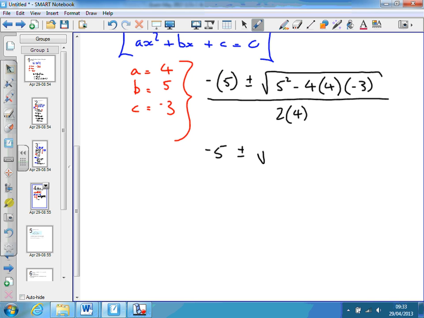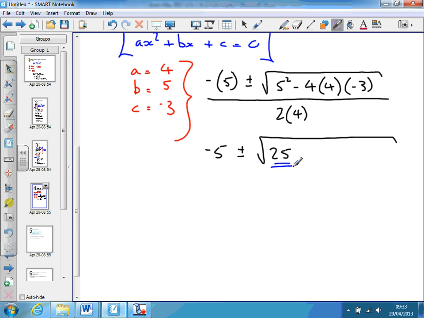Square root of b squared, which is 25. If b had been negative, you can slip up if you're not careful, because whenever I square a number, it's always going to be positive. But if I put minus 5 into the calculator, it gives me a negative, which will be incorrect. So be careful there.